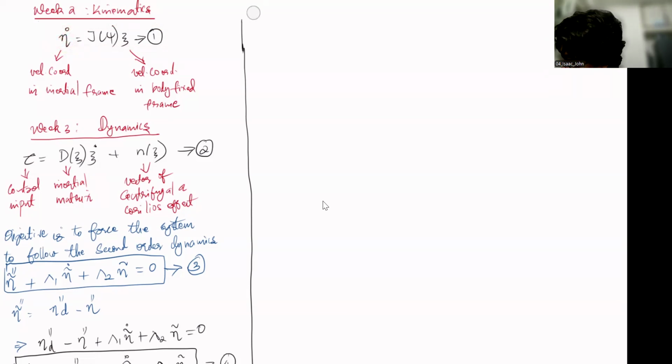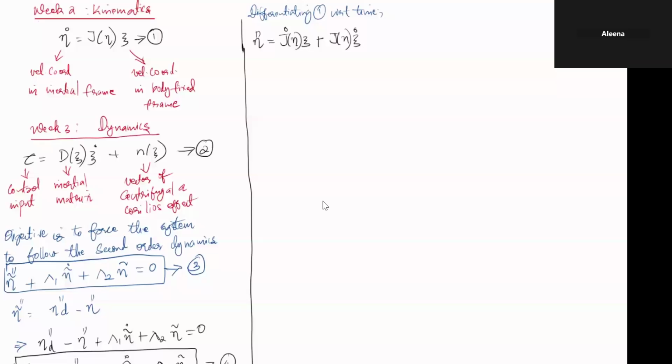Applying the product rule, I get eta double dot as J dot of eta theta plus J of eta theta dot. It's better to stick with J of eta, to be consistent with the notes. I'll label this as equation 5.